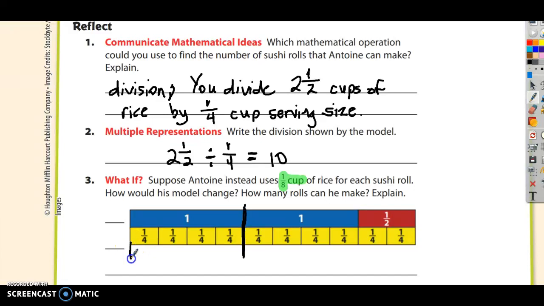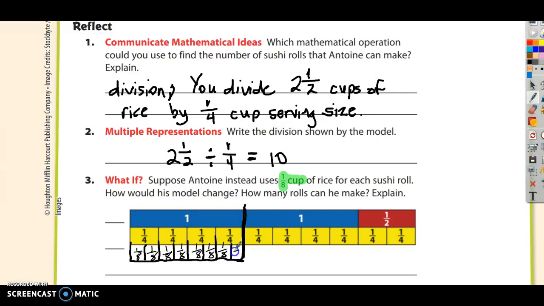So here's what eighths look like. 1, 2, 3, 4, 5, 6, 7, 8. What you could notice, and it's messy and I'm sorry about that, is that if you take your fourths and split them in half, you get eighths. So I'm doing that for all of these.